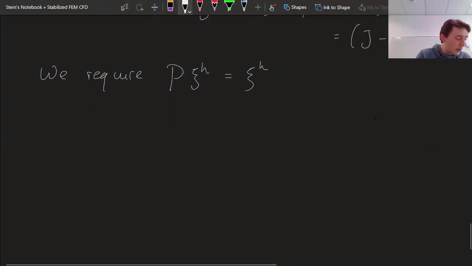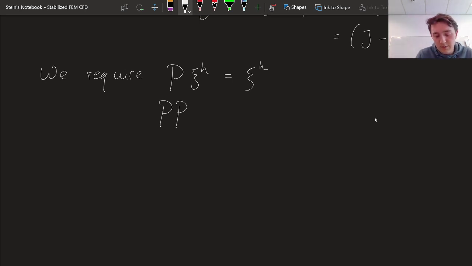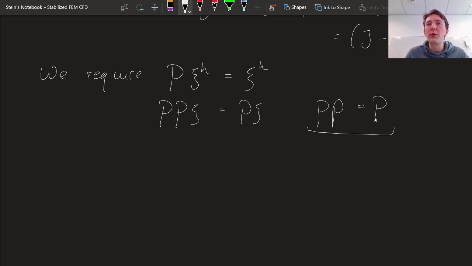So we can also write this as P of P psi is equal to P psi, and sometimes also just write P squared is equal to P. This is a property any operator can have, and this is what we call idempotency.